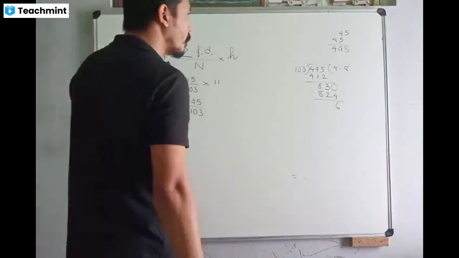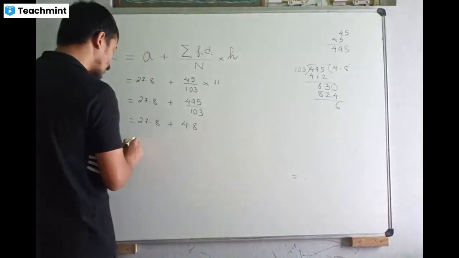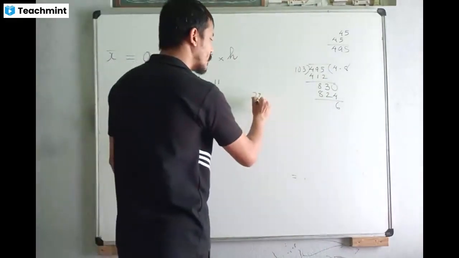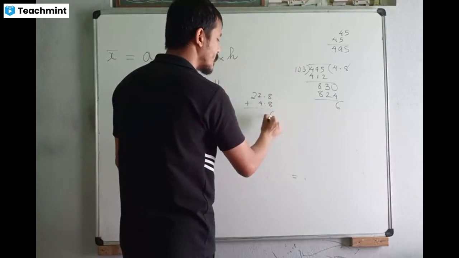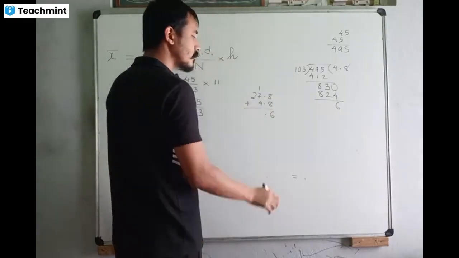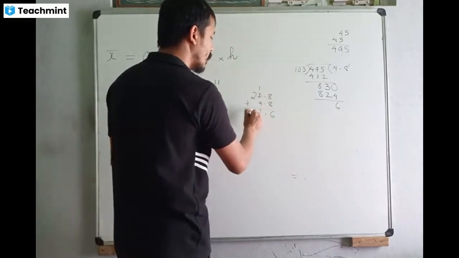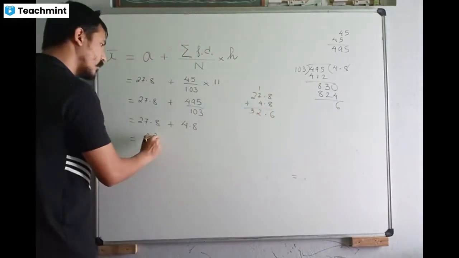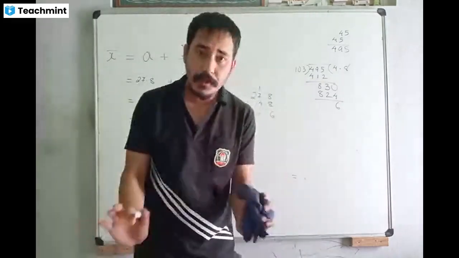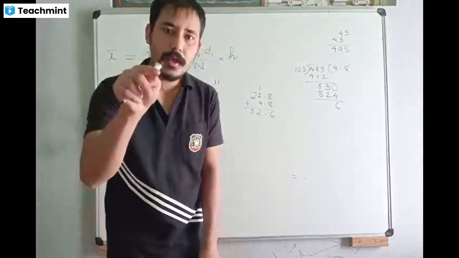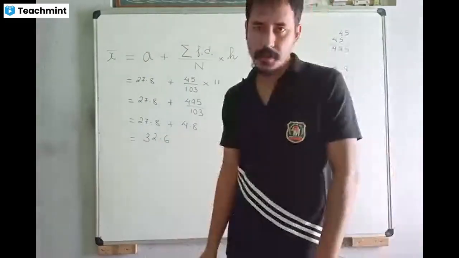So 495 divided by 103 gives you about 4.8. If you add them up, 27.8 plus 4.8 gives 32.6. So the arithmetic mean of the given group data using the step deviation method is 32.6.